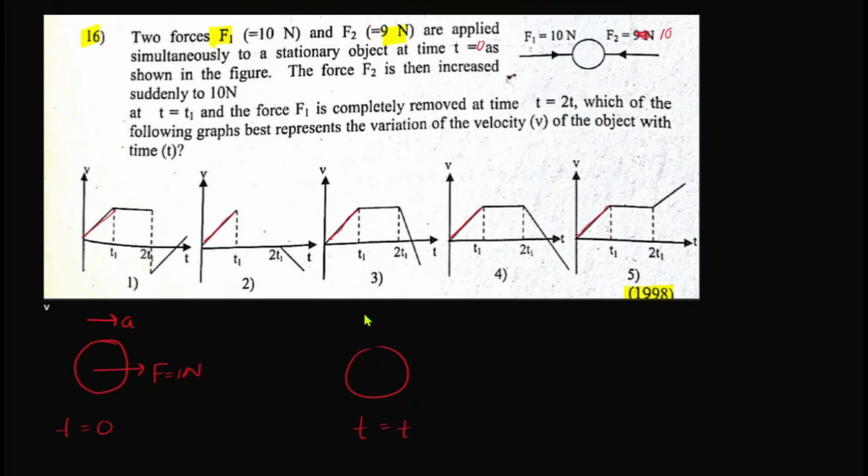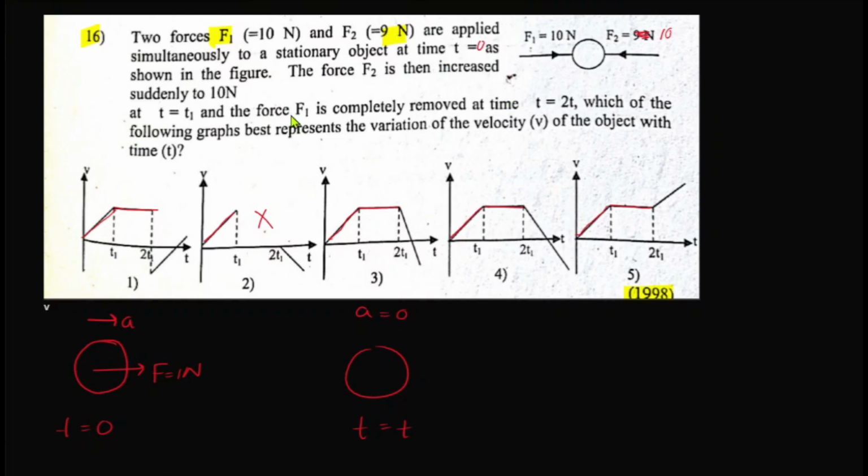No resultant force means the acceleration is 0, which means it's a uniform velocity motion. How do we represent uniform velocity motion? This is not true, this is wrong. This is fine. So we have eliminated the second answer.